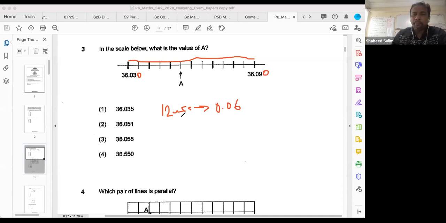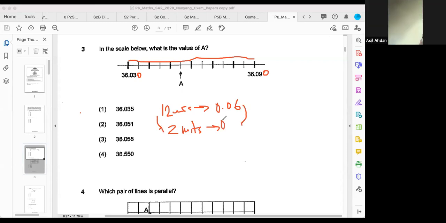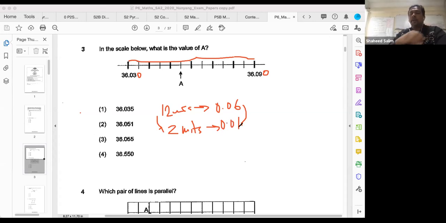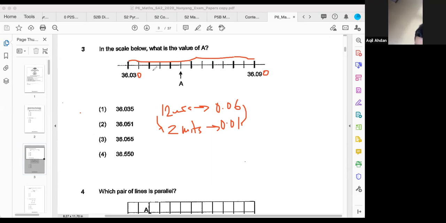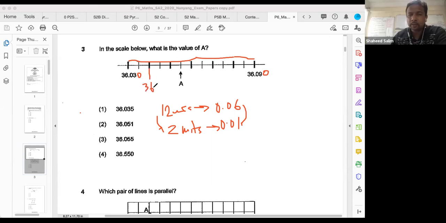So maybe now we'll find what's 2 units. Akil is coming. 2 units now. Okay, Akil, welcome, Akil. I divide by 6, I get 0.01. Okay. Hello, Akhil. So that means what? Every 2 units, I add one more. So this one will be what? 36.04.